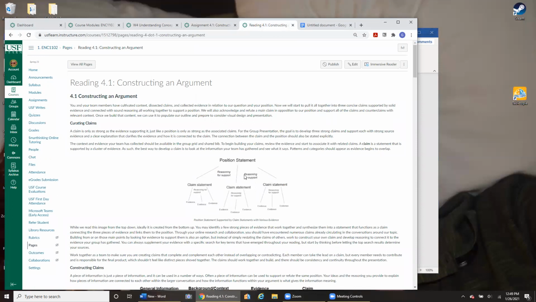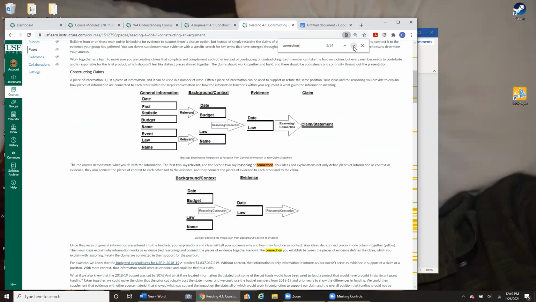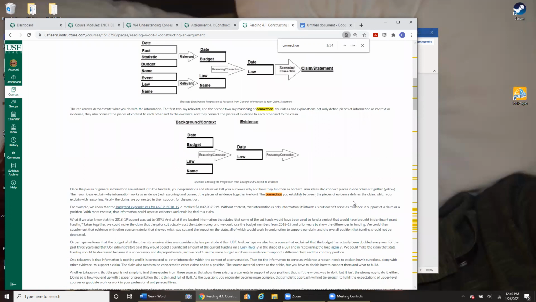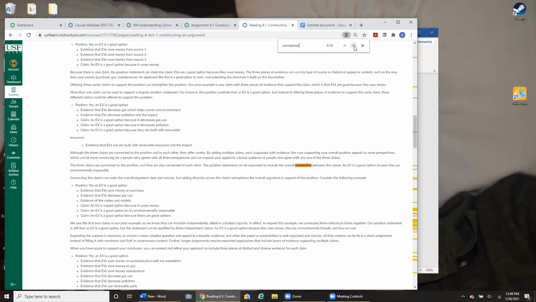An easy way to find that connection and understand what that's asking is Control F. There's still a lot of connection, but you can filter through it and see the connection you establish between the pieces of evidence defines the claim, which you explain with reasoning. So you can start to understand that my connection should help the audience understand how the claims connect to my evidence.